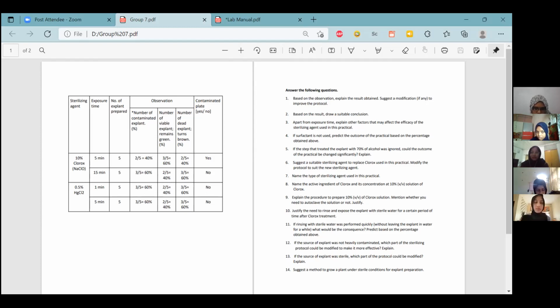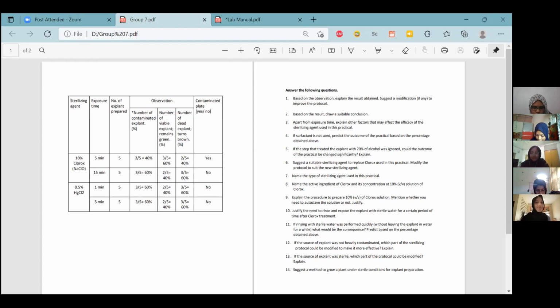Next is mercury chloride, 0.5% mercury chloride. Actually, I am not sure about the procedure for the 0.5%. I only found 0.1% mercury chloride. What I found is that we must autoclave the mercury chloride for a contamination-free culture.